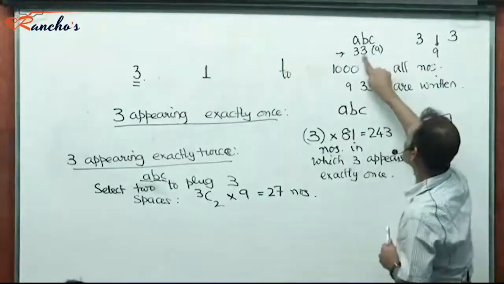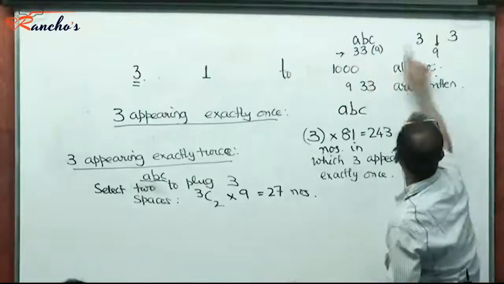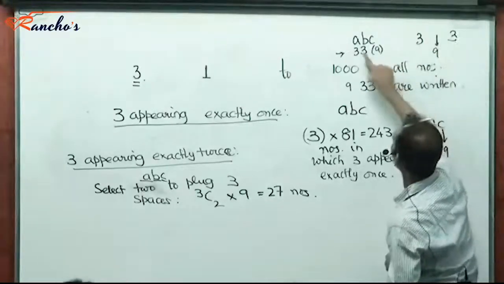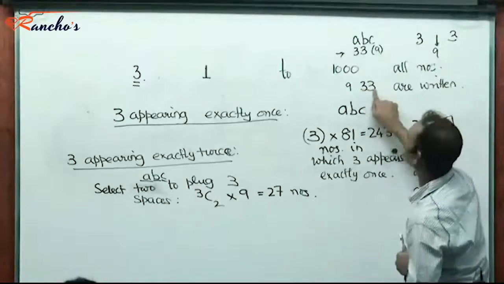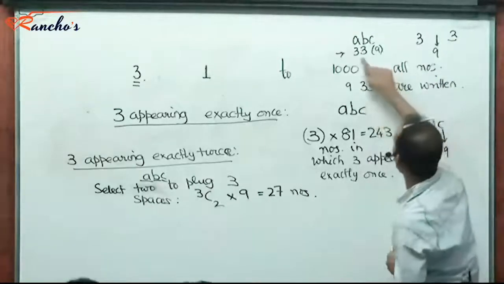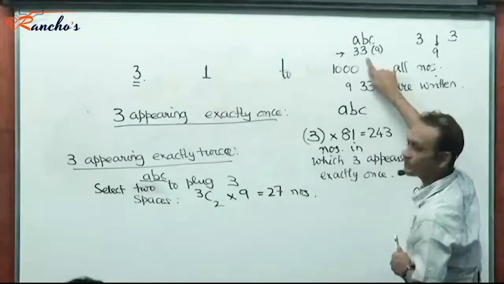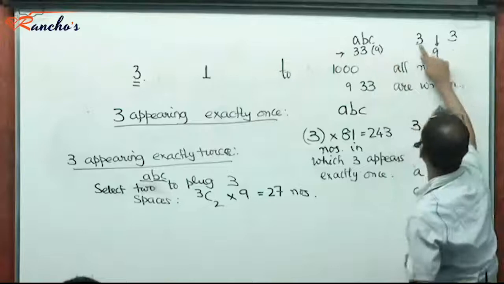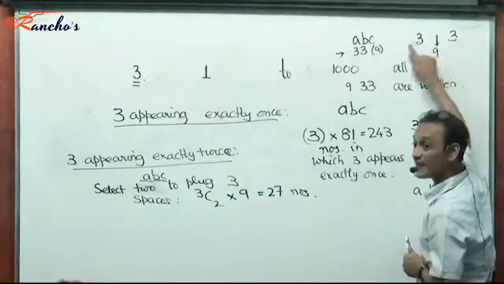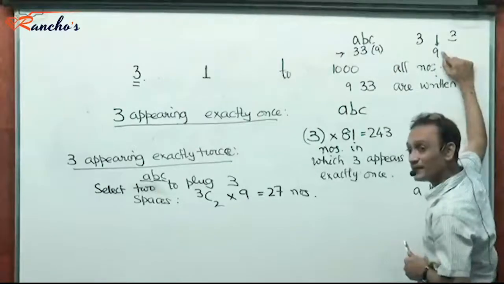So this is the case in which A and B. See, in each of these, I'm selecting amongst A, B and C two of them where 3's would be plugged in. Right? So how many cases are these? One case in which A and B is selected, and that gives me 9 numbers. Another case in which 3 and 3 is selected as A and C, and B is filled up in 9 ways.